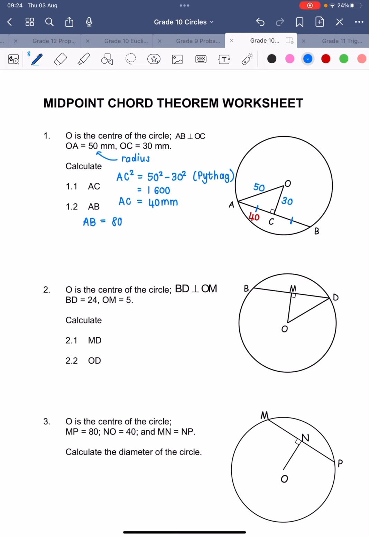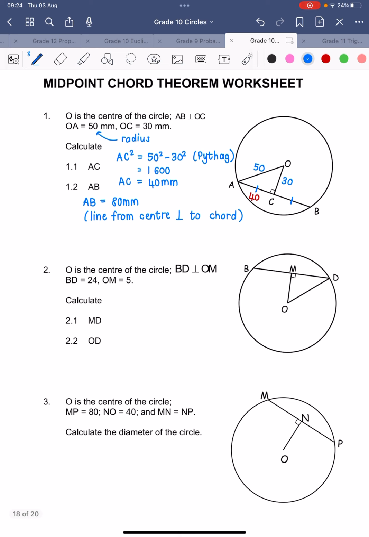And now your reason for that, guys, is line from center perpendicular to chord. That's how we know that those two parts are equal to each other. Because we have that line that's perpendicular to the chord, it cuts that chord in half. So if that half is 40, the other half is also going to be 40.